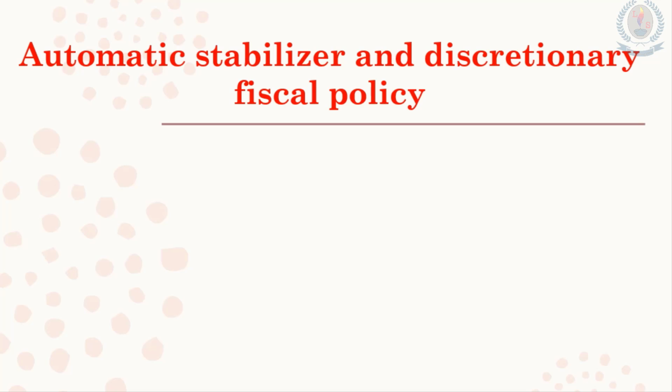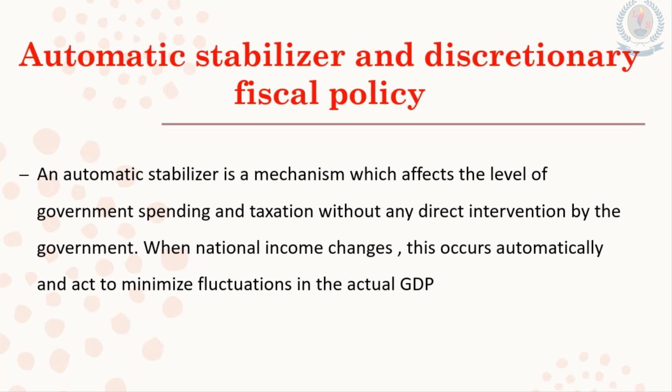Automatic stabilizer and discretionary fiscal policy. An automatic stabilizer is a mechanism which affects the level of government spending and taxation without any direct intervention by the government. When national income changes, this occurs automatically and acts to minimize fluctuations in actual GDP.